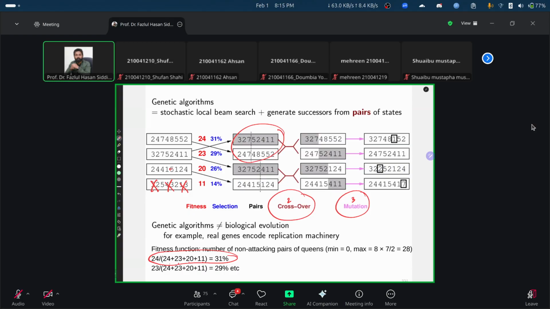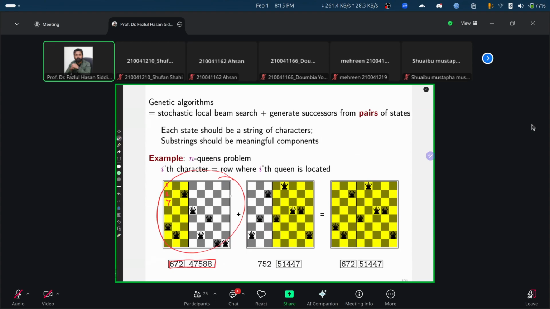If you think, just like in this example, you can make a crossover point, and you take the left part of the first chromosome, or solution, and the right part of the second solution.